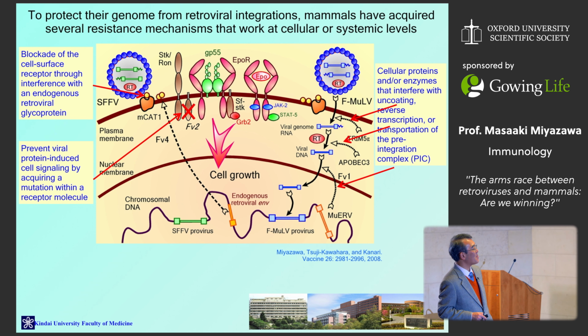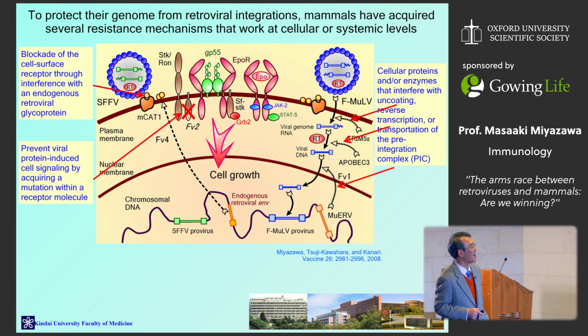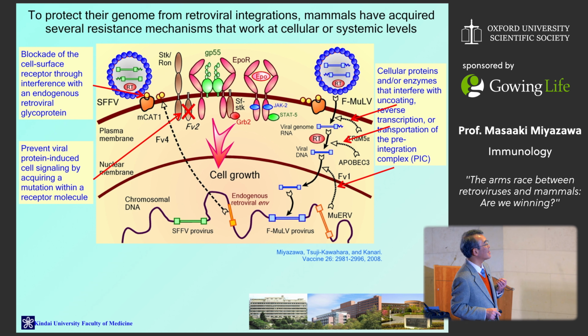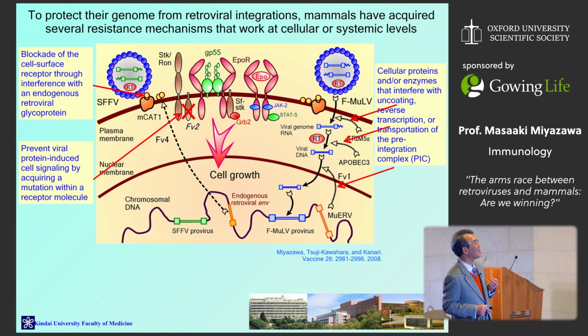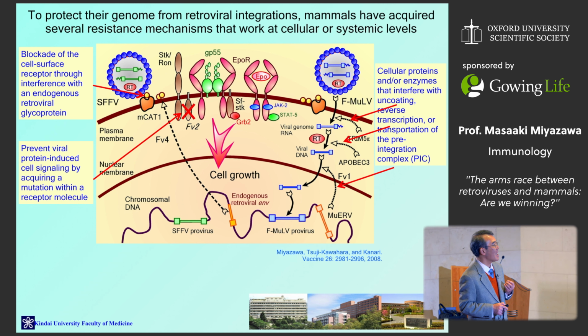APOBEC3 is also a restriction factor which mammals have acquired over a long period of evolution. This is an enzyme, and this enzyme interferes with the process of reverse transcription; the reverse transcription of RNA into DNA is hampered in the presence of this protein APOBEC3.